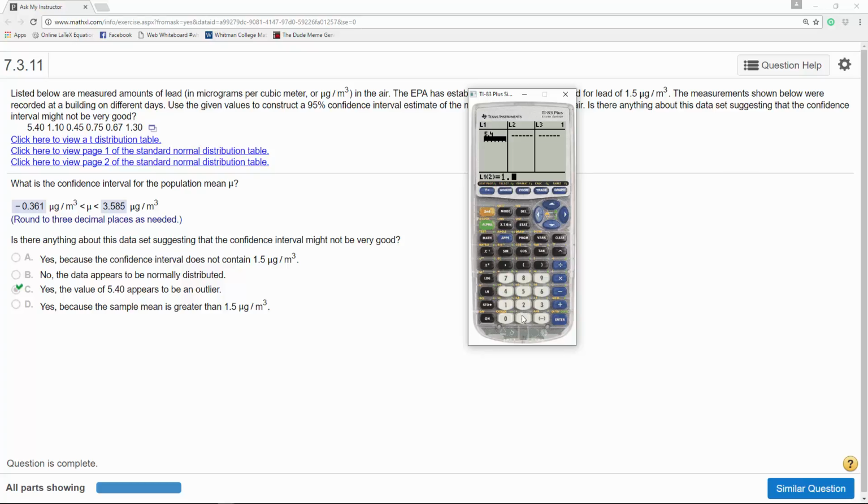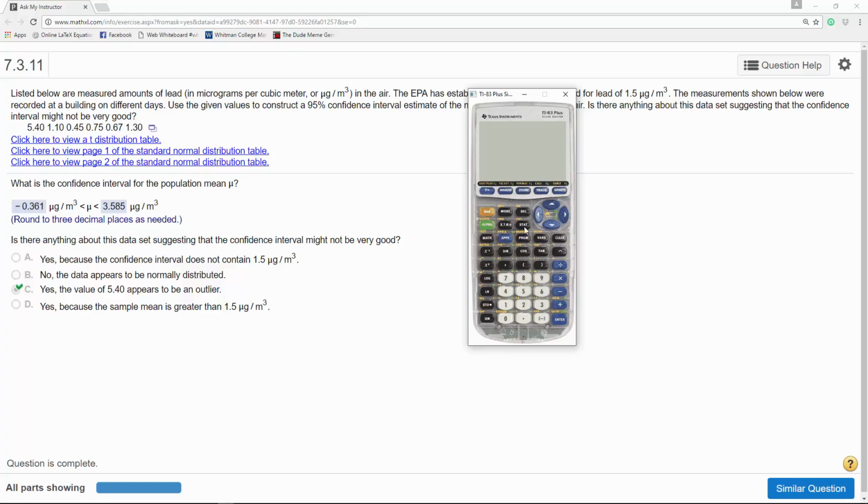It's just kind of a pain because I have to push the buttons. 0.45, 0.75, 0.67, and 1.3. So that's all my data values in there. So 5.4, 1.1, 0.45, 0.75, 0.67, 1.3. I'm going to do second quit just to close that.